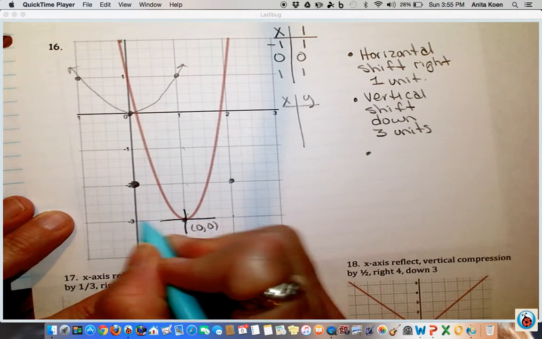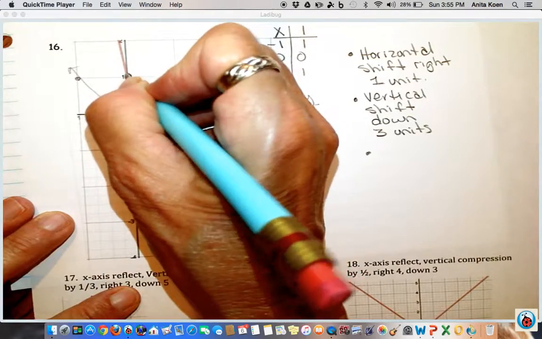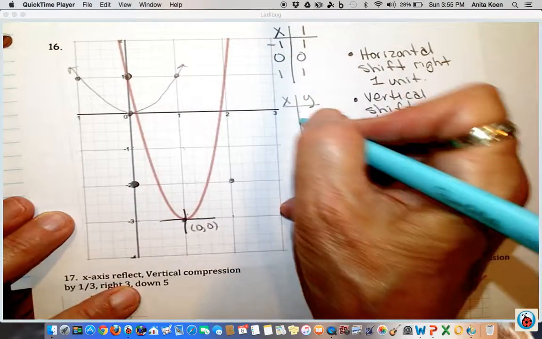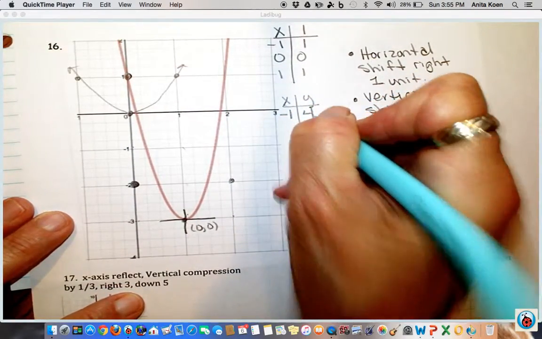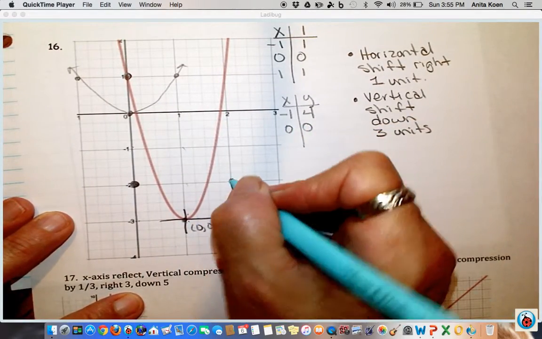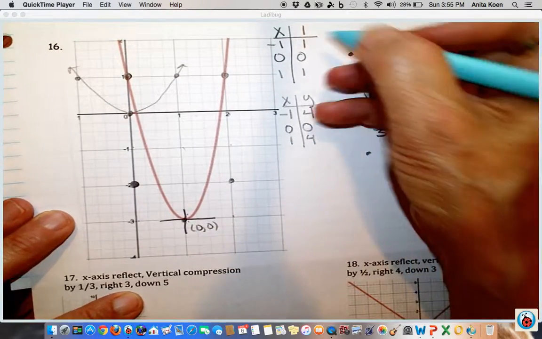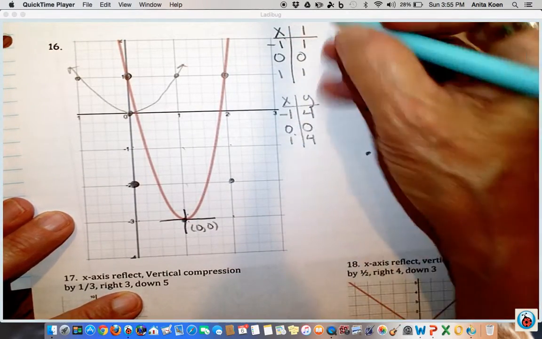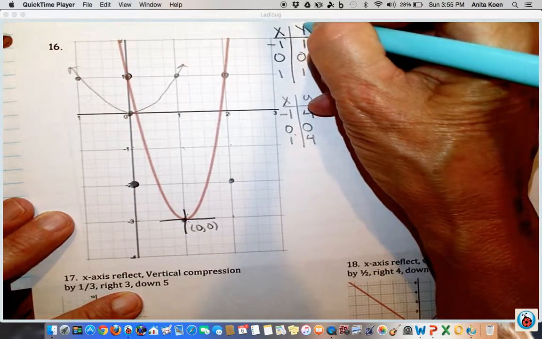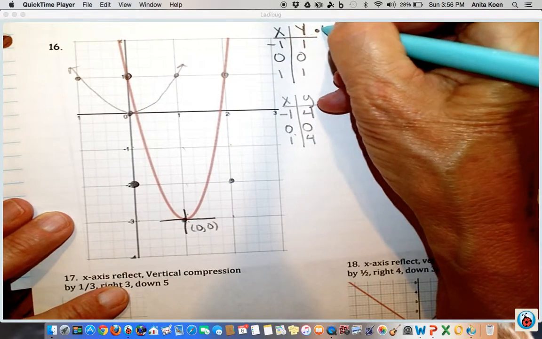So I'm going to go to the left 1, up 1, 2, 3, 4 until I get to a point that's on the graph. So left 1, up 4, 0, 0 is on the graph, right 1, 1, 2, 3, 4. So 1, 4. Notice that my x's have stayed the same. My y's, ooh, this is supposed to be a y right here, not a 1, sorry.